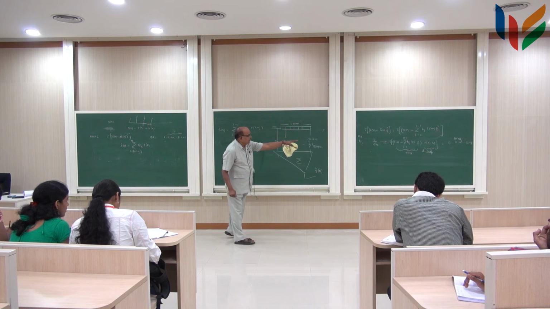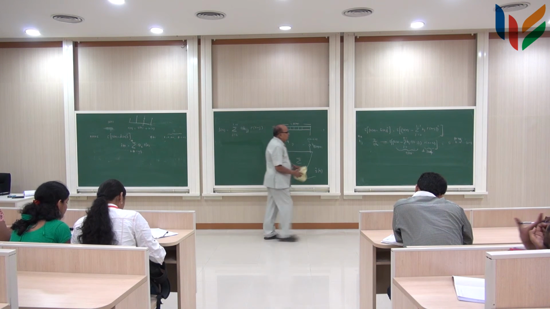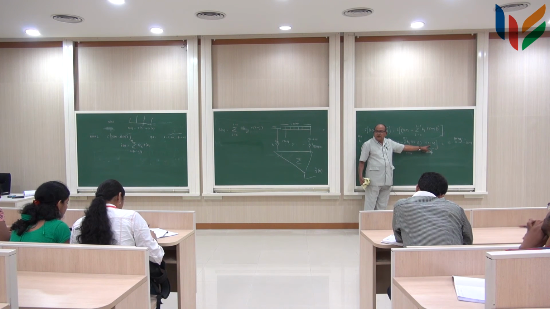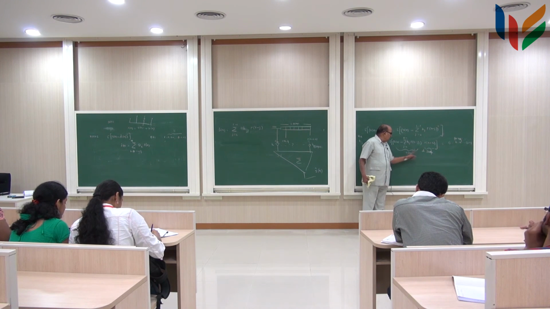If you now do the expansion there, the first term is what? Sn into Rn minus k, expectation.